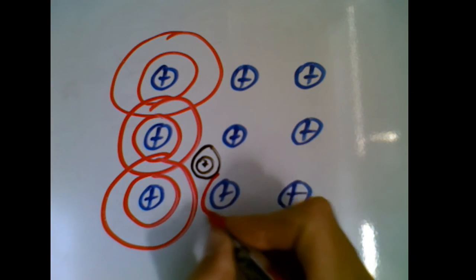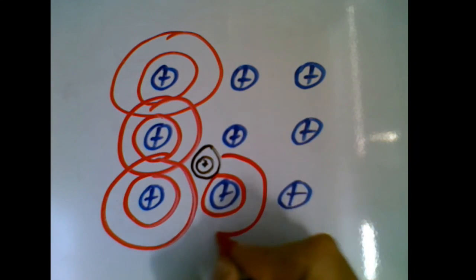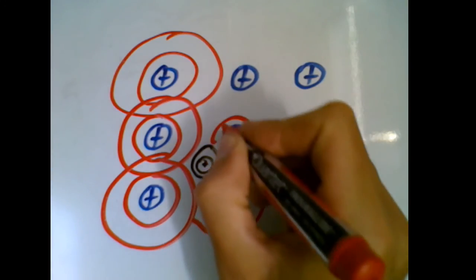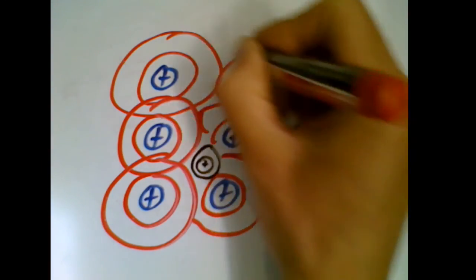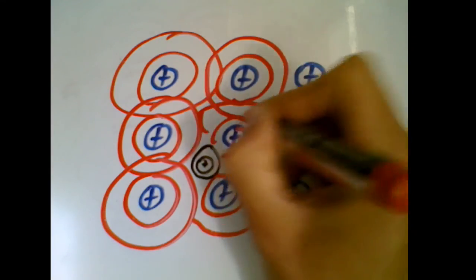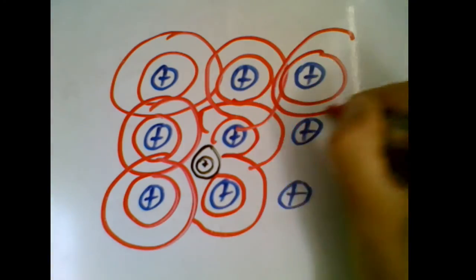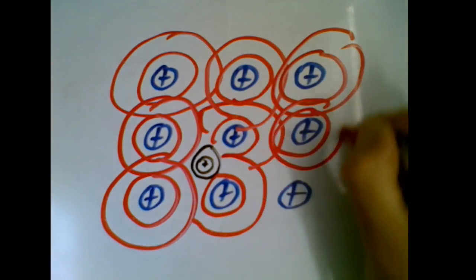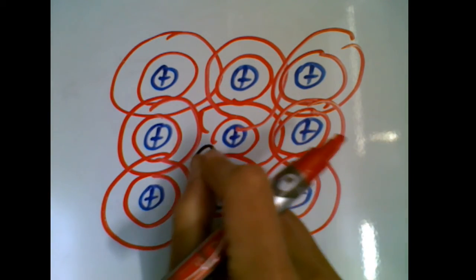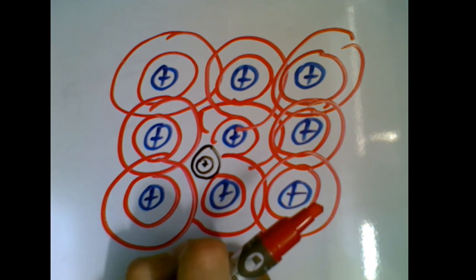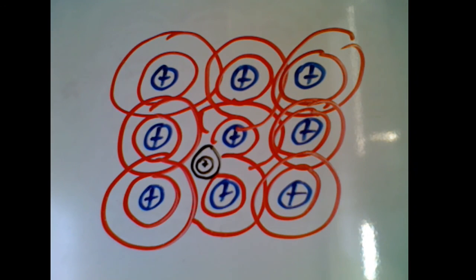What it tends to do is actually cause this to become a little bit more rigid. It loses some of that flexibility. And so you change some of the properties of that substance. Just by adding another element into a metal, you can disrupt the metallic bonding in a way that allows it to change the properties.